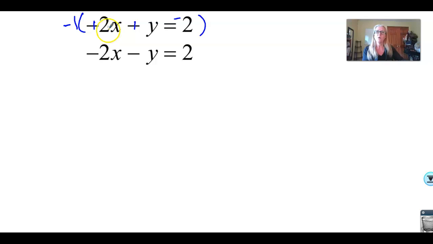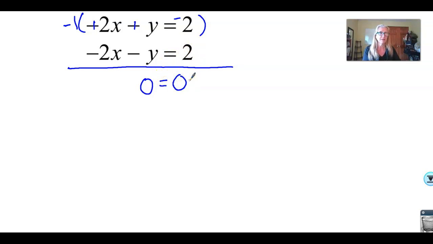Well, now we can add them together because we have opposite terms. This gives us nothing. This gives us nothing. We have a whole bunch of nothing on the left. But we also have 2 minus 2 on the right and a whole lot of nothing on the right. There's a whole lot of nothing in that problem. This is a true statement, so it has infinite solutions.